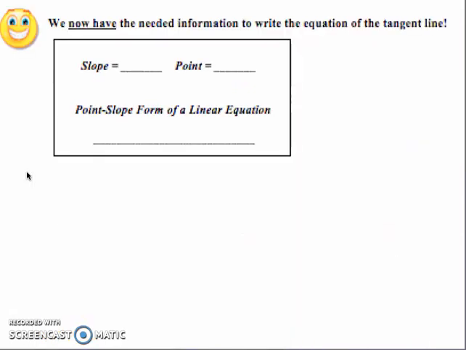Whew! So we now have the needed information to write the equation of the tangent line. We did all that work to find out that the slope of our tangent line is 2, and we wanted to write the equation for the tangent line at that given point P, which was 1, 1. We know point slope form of a linear equation is y minus y1 equals our slope times, parentheses, x minus x1.